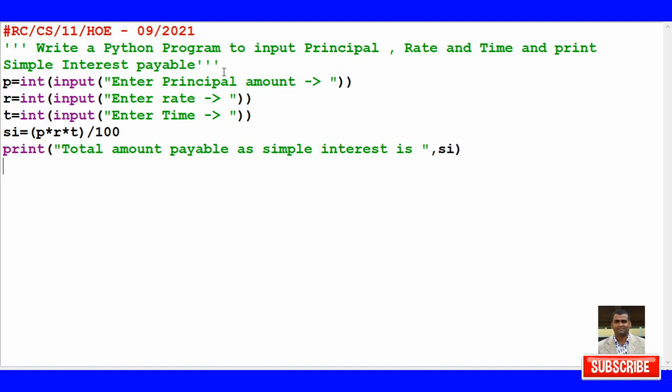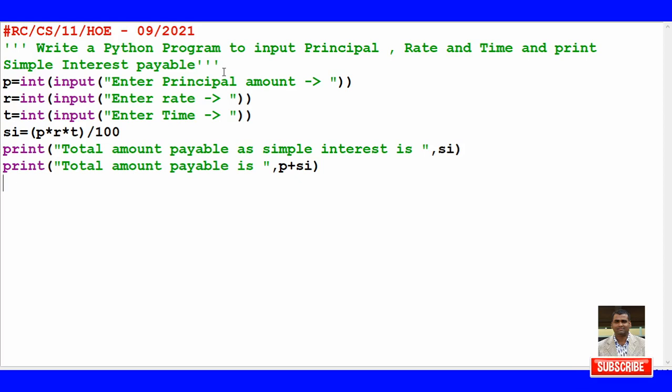The first one is total amount payable as simple interest, and then I'm going to write print total amount payable. In this one, your principal amount plus simple interest is going to come. See, I am writing principal amount plus simple interest. Now I'm going to save this program and let's run it.